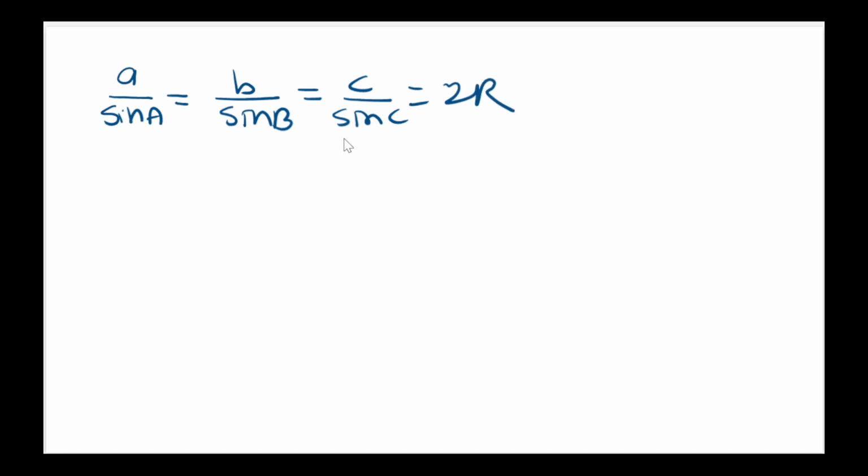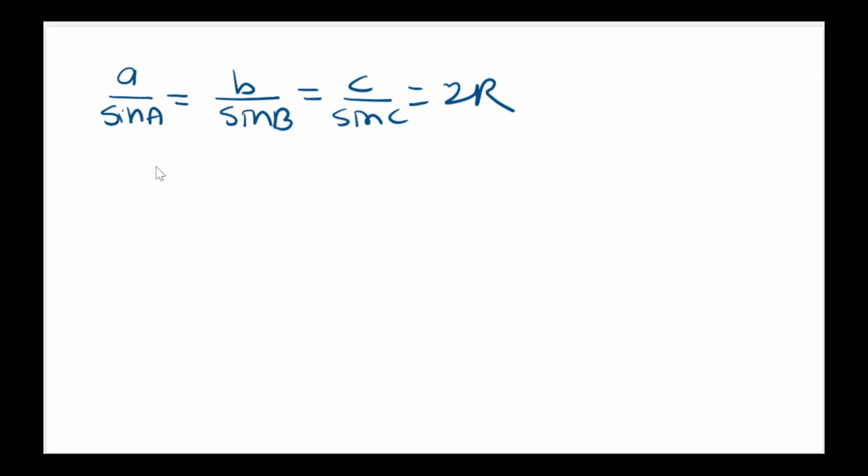This theorem is known as the extended law of sines, because in most books it is given as a upon sine A equals b upon sine B equals c upon sine C. In some books it is also given as sine A upon a equals sine B upon b equals sine C upon c.